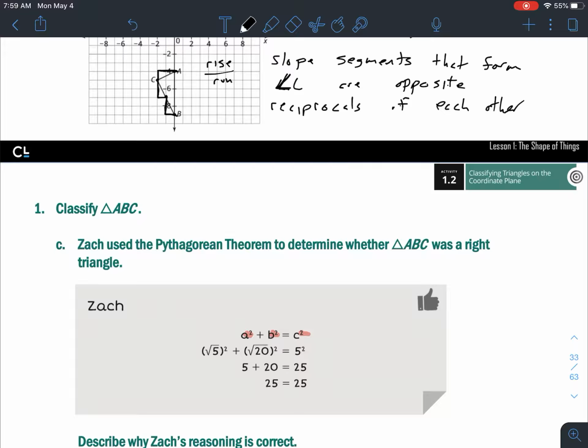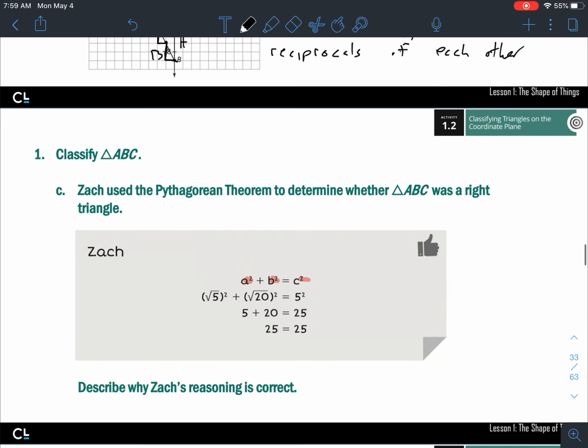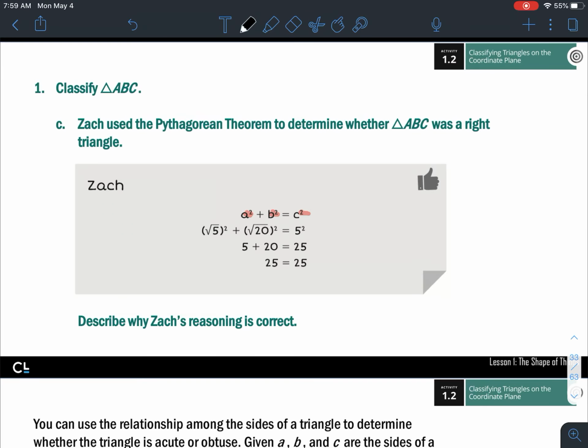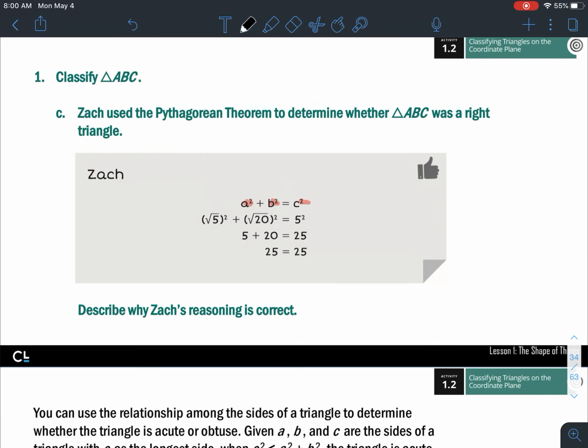As I'm looking up here, this is A, this is B, and that is C. They're seeing that A changed by 5 going down, and B, I'm sorry, I flipped them around. Don't worry about it. So we see that A is 5 squared, B is 20, and C is 5 squared. So 5 plus 20 equals 25. 25 equals 25. Describe why Zach's reason is correct.